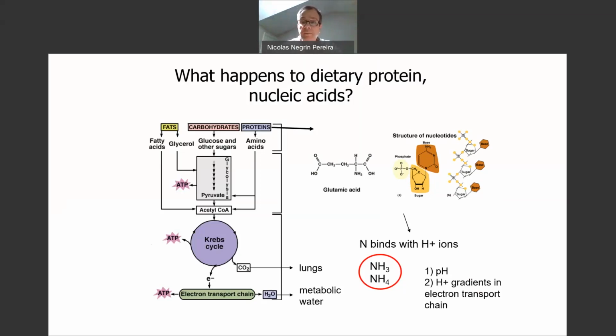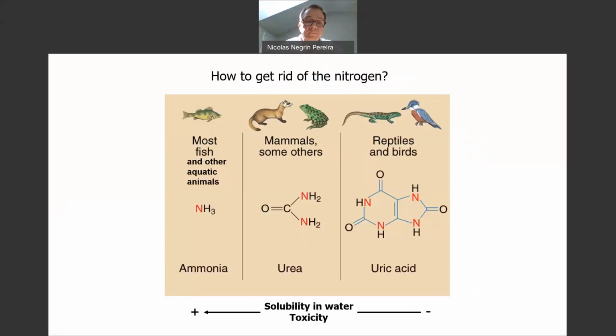So how do animals in general cope with this problem? How do they get rid of this nitrogen that represents a potential danger or harm for the body? First, most fish and other aquatic animals mainly produce ammonia, which is very highly soluble in water and, at the same time, very toxic.